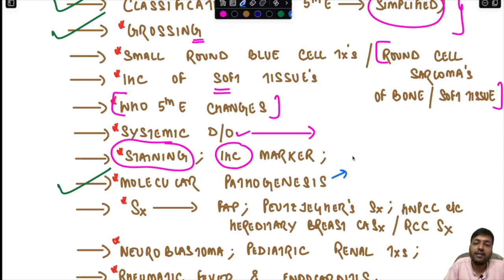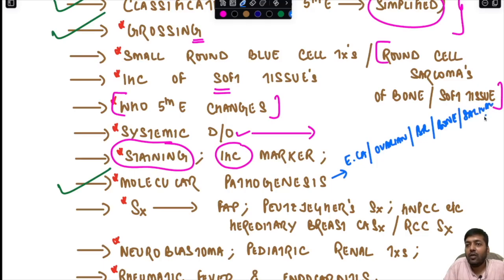For example, the latest endometrial carcinoma, or ovarian carcinoma, or breast carcinoma, or molecular pathogenesis of bone, or salivary gland, or thyroid. One or the other molecular pathogenesis will be there. For all systems, the molecular pathogenesis is very important.